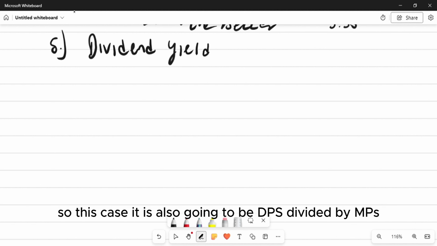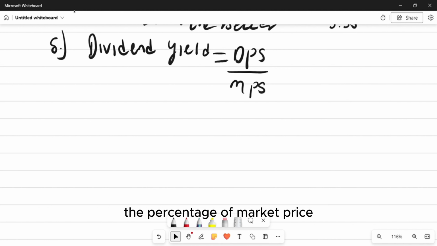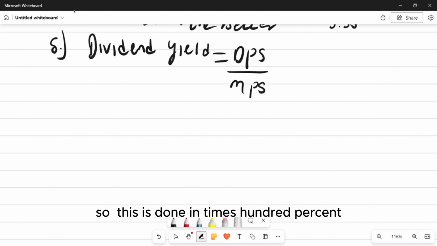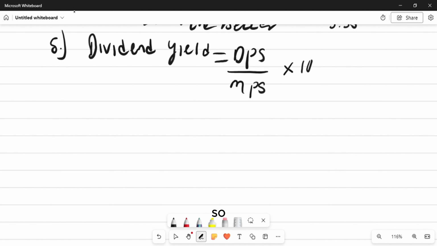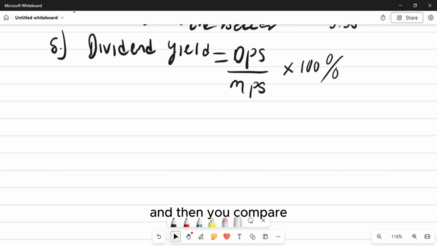So in this case it is also going to be DPS divided by MPS. This is the percentage of market price that actually comes back to the investor as dividend. So this is done times 100%. It is basically done the same way you do the other ones, and then you compare.